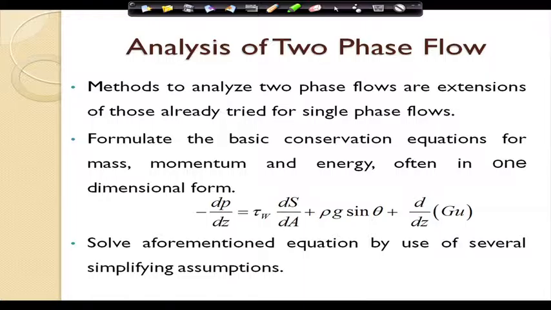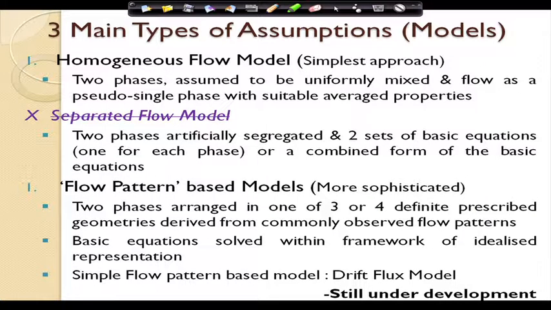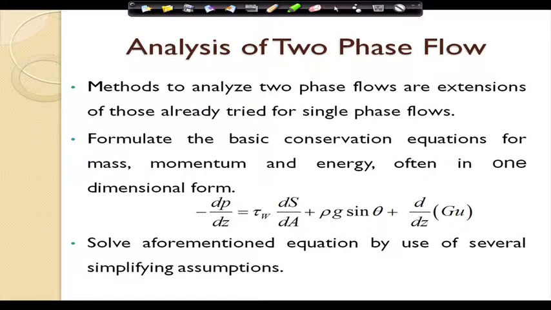Now, a few assumptions are commonly used for macro systems. One assumption is that the two phases are completely uniformly mixed and they flow as a pseudo single-phase fluid with suitable average properties. In that case, what happens? The same equation is applicable.